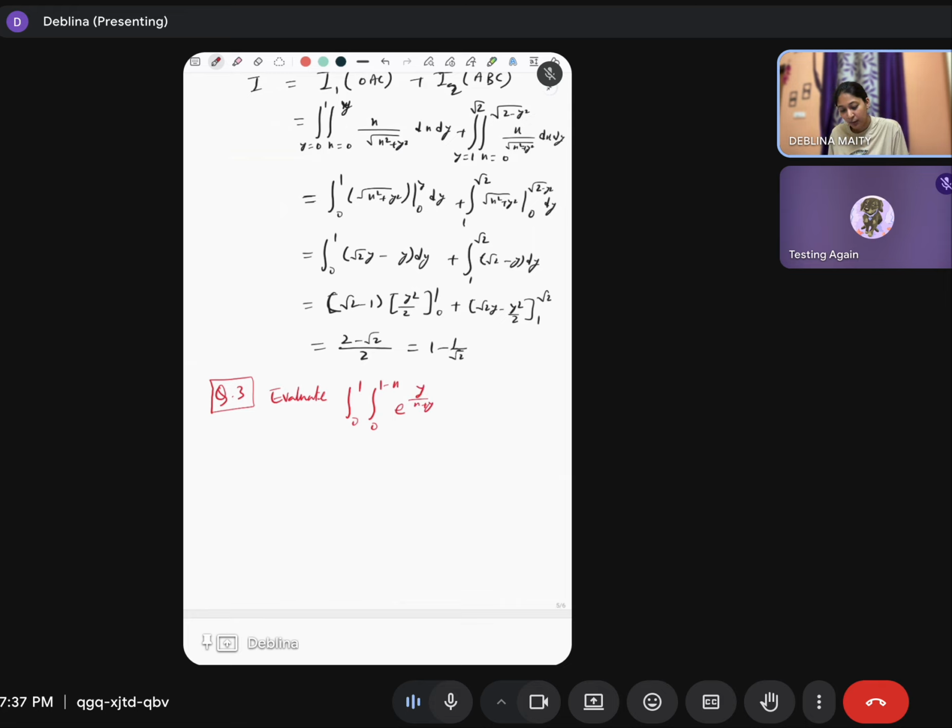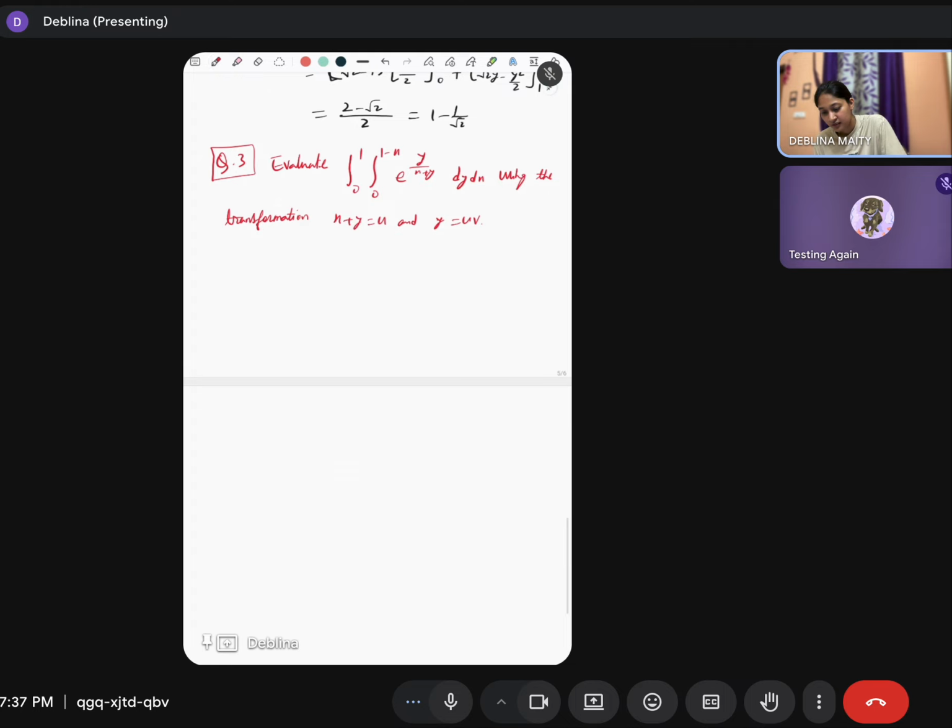This is e to the power y by x plus y dy dx. Using the transformation x plus y equals u and y equals uv. So we are changing from xy to uv. So we are changing variables. Right.